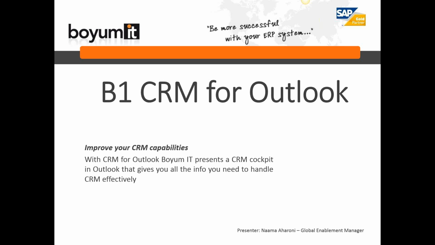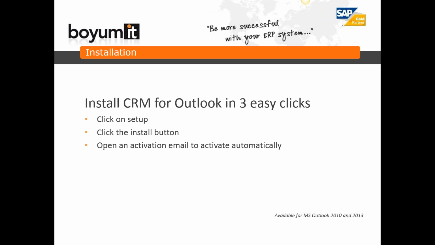Now, before we go into the live demo, we just have three more slides. One of them talks about the installation, because the whole purpose of this application is to make the installation part easy and user-friendly to work with.